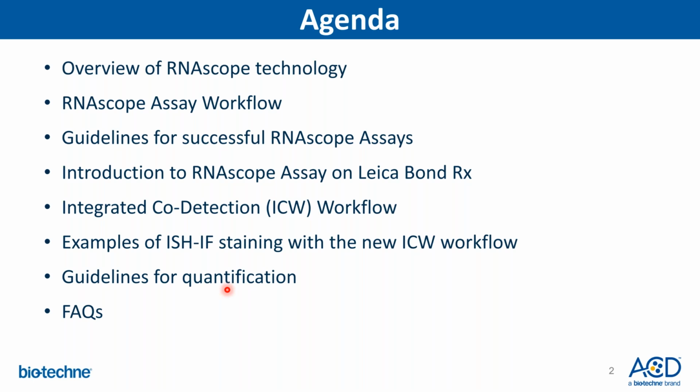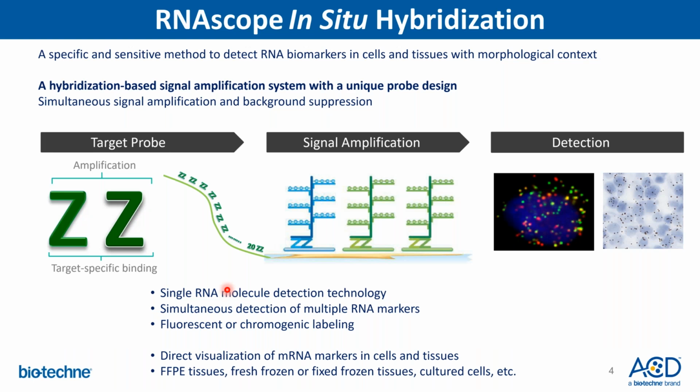So we'll dive right into it, and we'll start with the technology introduction. As most of you may already be aware, RNAscope is an in situ hybridization method which allows you to detect RNA biomarkers in cells and tissues with a morphological context. It's a very specific and sensitive method because it's got a signal amplification system which allows you to boost signal detection.